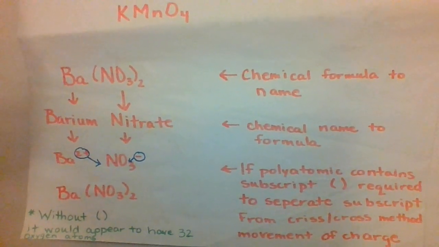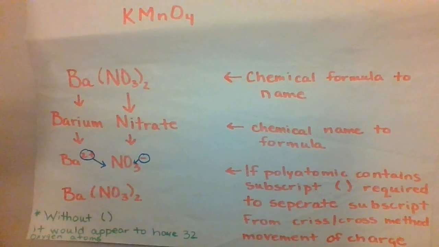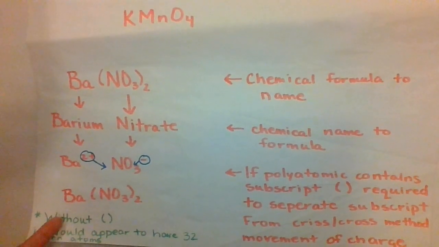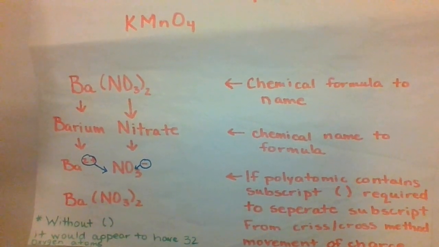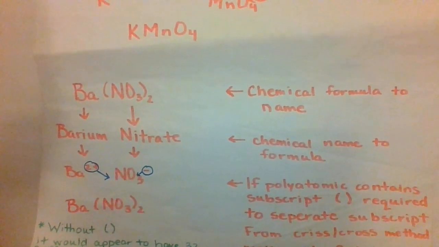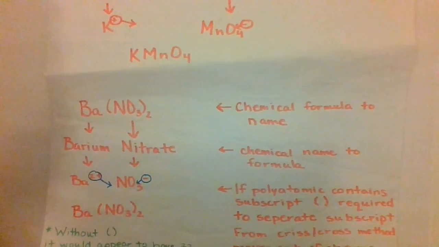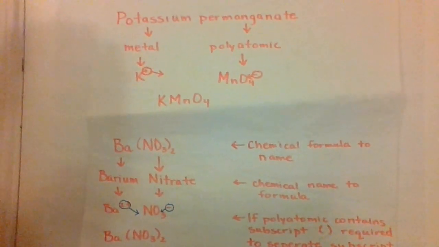So I'll bring that in a little closer. Without the parentheses, it would appear to have 32 oxygen atoms. So we want to make sure that we place those parentheses around those polyatomic compounds.